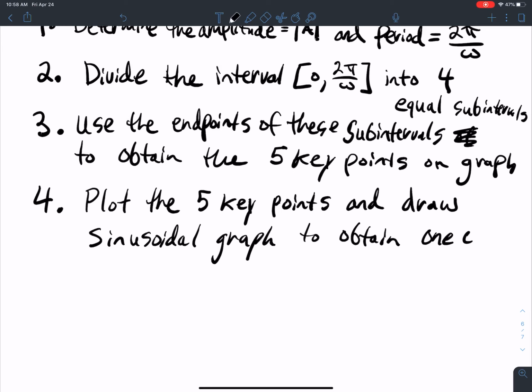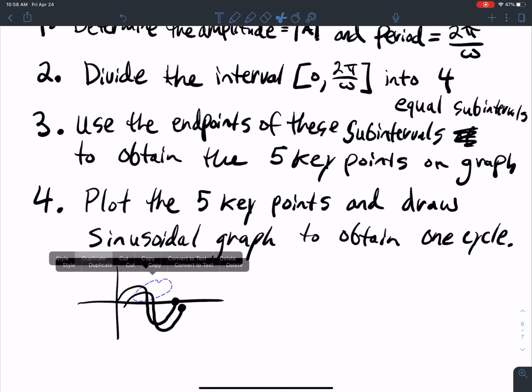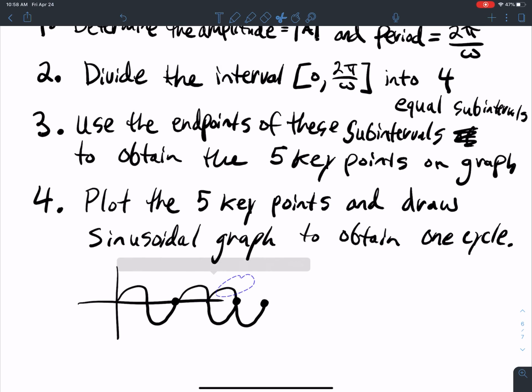Now remember, this only gets you one cycle. If you want to extend it out, all you have to do is do the same thing over and over. So if you graph your cycle, you can copy and paste it as many times as you want until you get tired, and that continues your curve out forever and ever.